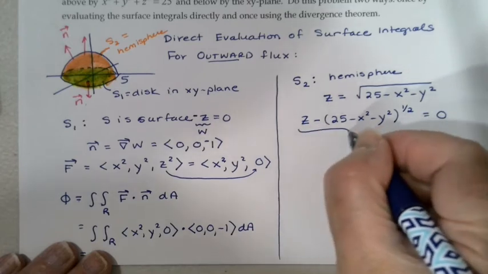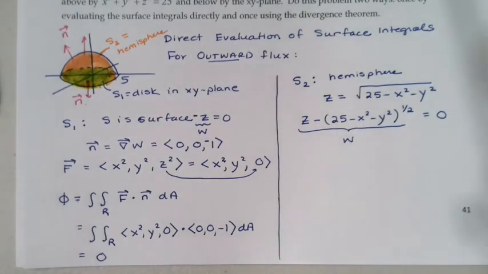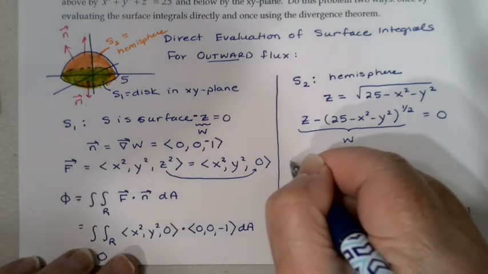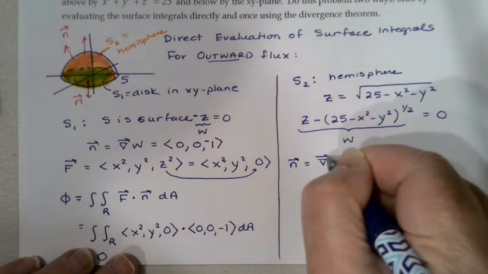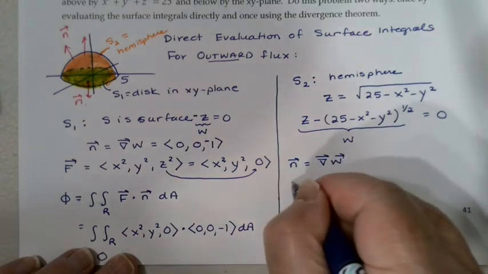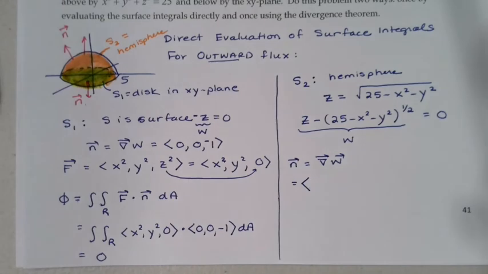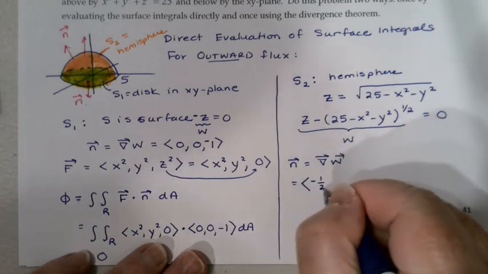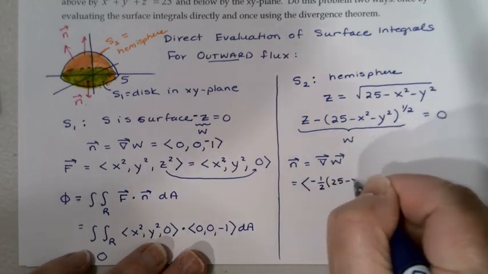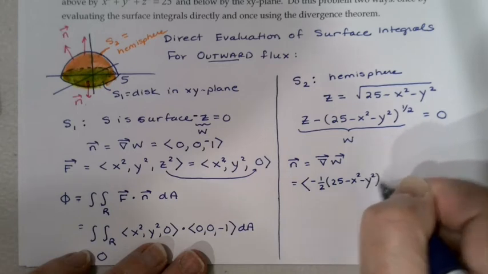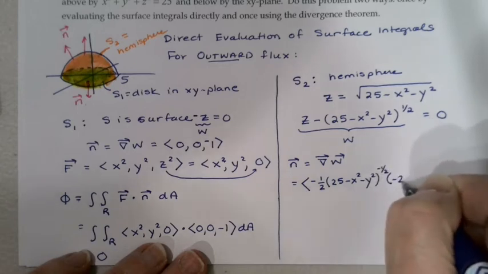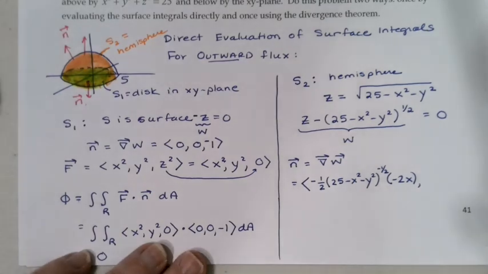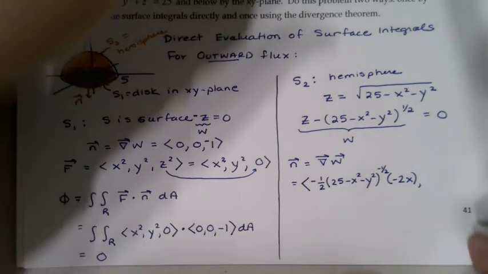To form the W. And then n is going to be the gradient of that W. I'm going to have to write kind of small to fit all that in, but let's see if we can squeeze it in here. The derivative with respect to x would be a negative 1/2 times 25 minus x squared minus y squared to the negative 1/2, times negative 2x. Similar with respect to y.